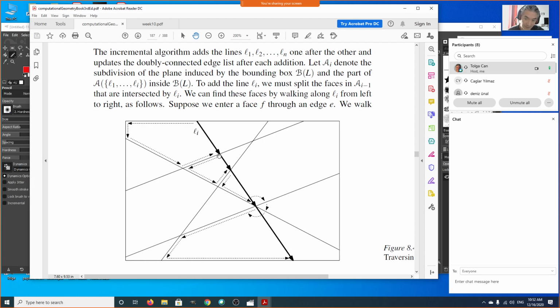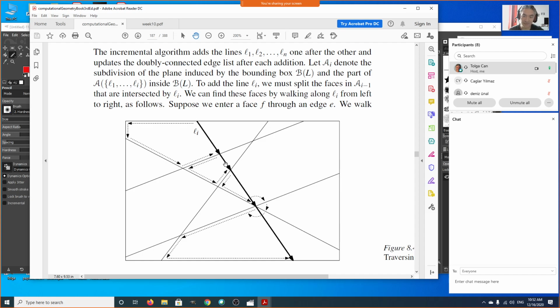Now, after we find the edge that we're exiting, we can take its twin. So from this edge, we jump to its twin. And after its twin, we again follow next pointers until we find the following edge. So we can find the edges that this line intersects one by one by traversing the next and twin pointers.